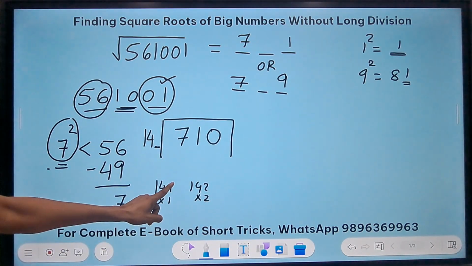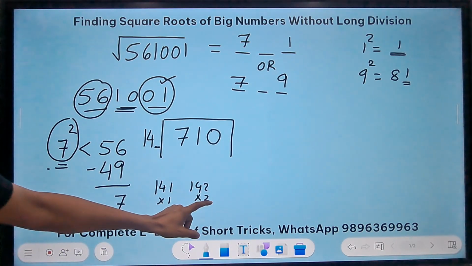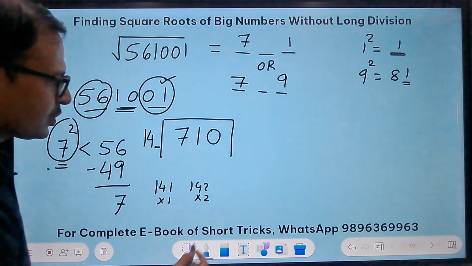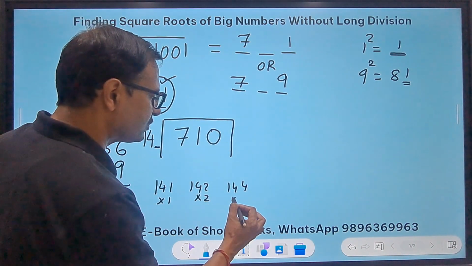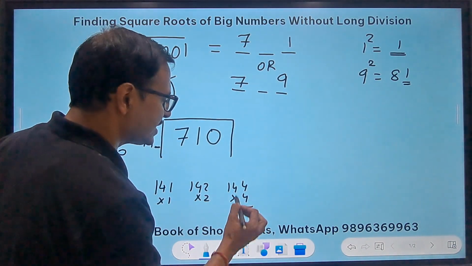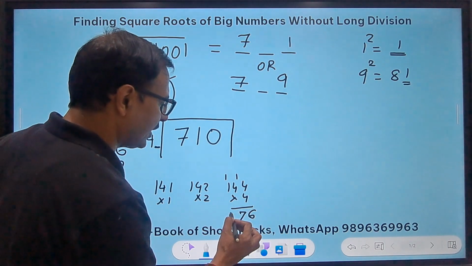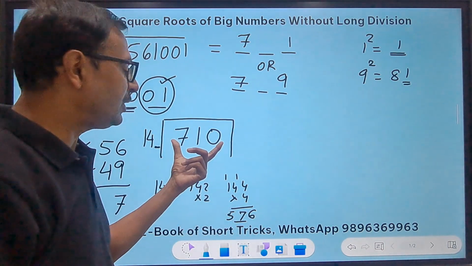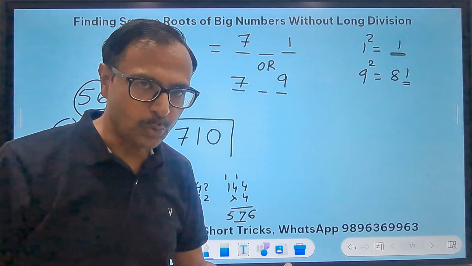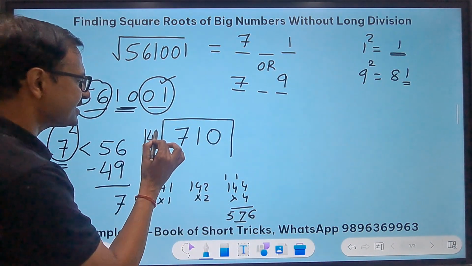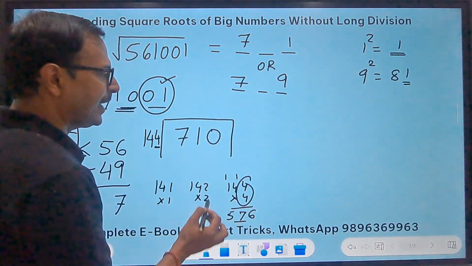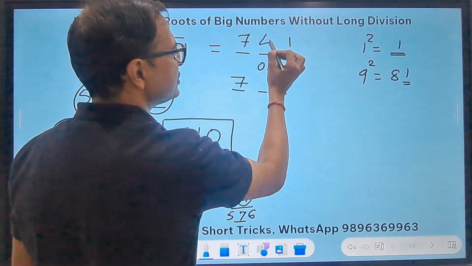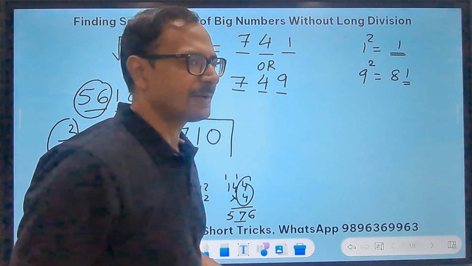So I have to keep on checking using digits 1, 2, 3 and so on. If I check 144 times 4, this will be 576. And 145 times 5 will take me over 710, which I don't want. So I wanted this digit 4, and that 4 becomes the middle digit of my answer.